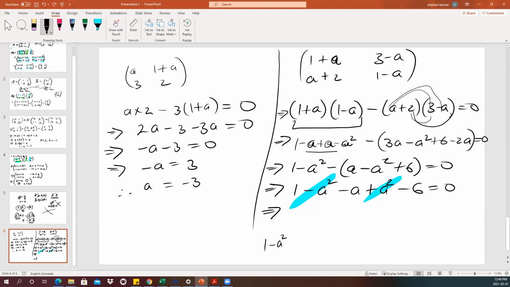So 1 minus 6 is minus 5. So I have minus 5 minus a is equal to 0. Minus a is equal to 5. A is equal to minus 5. Just like that. So when a is equal to minus 5, the matrix here will be singular. That is, the determinant is equal to 0.